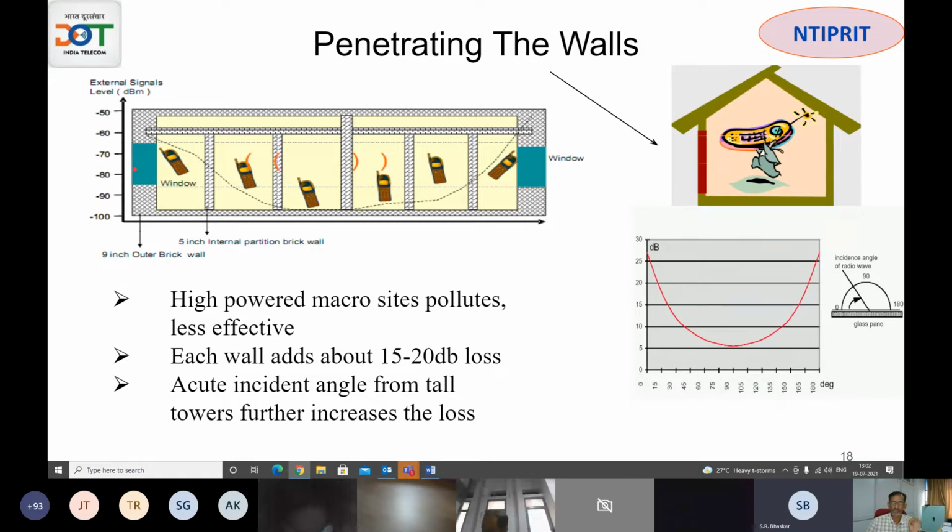The moment they started giving voice services in 900 and switched off their 3G, their penetration loss was vastly improved. So voice traffic started happening in 900. So lower the frequency, or you can't provide IBS everywhere, so add a macro site if proper demand is there, or use a low frequency if you can afford it. These are a few things, but penetration loss as such is a given thing. You can't touch it.